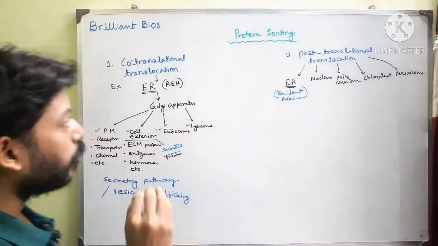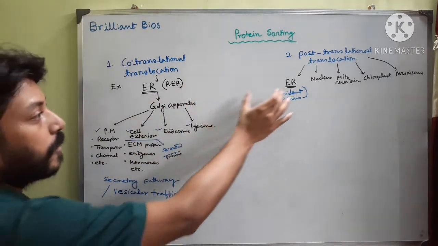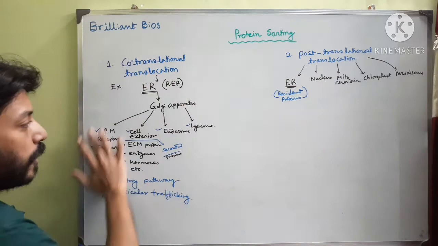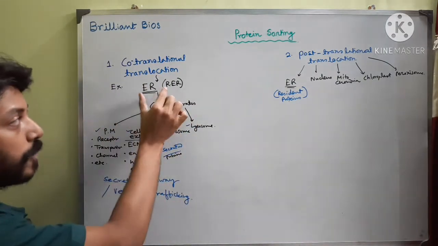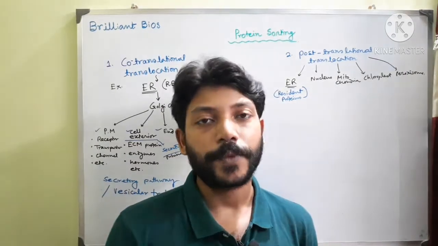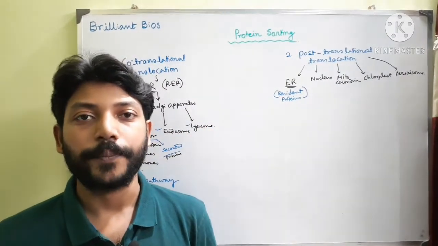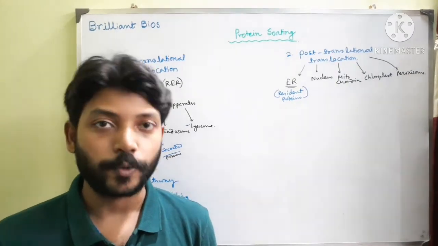But at first you must remember that the protein is entering inside the endoplasmic reticulum for this whole process. So this is very important. The protein must be destined to the endoplasmic reticulum, so there should be some features in that protein.